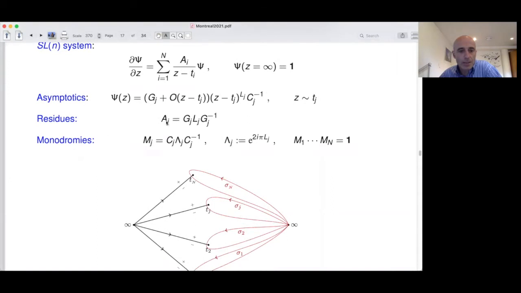And the A's, these residues, can be written like that. The A's are expressed in terms of those G's and the diagonal matrices L's, which are here. L's contain eigenvalues of A's, the monodromy matrices are defined in terms of exponents of L's, and the eigenvectors of monodromies are given by those guys. So that's the setup here.